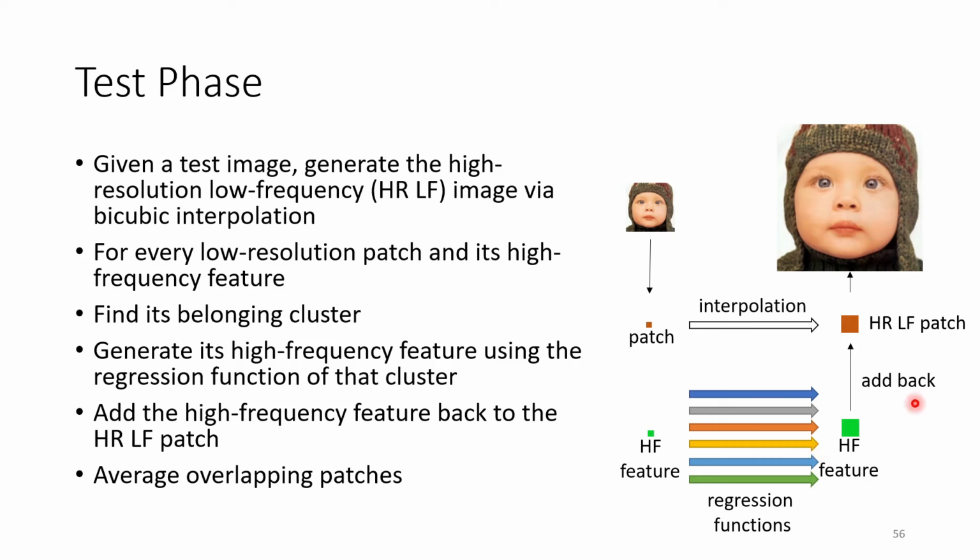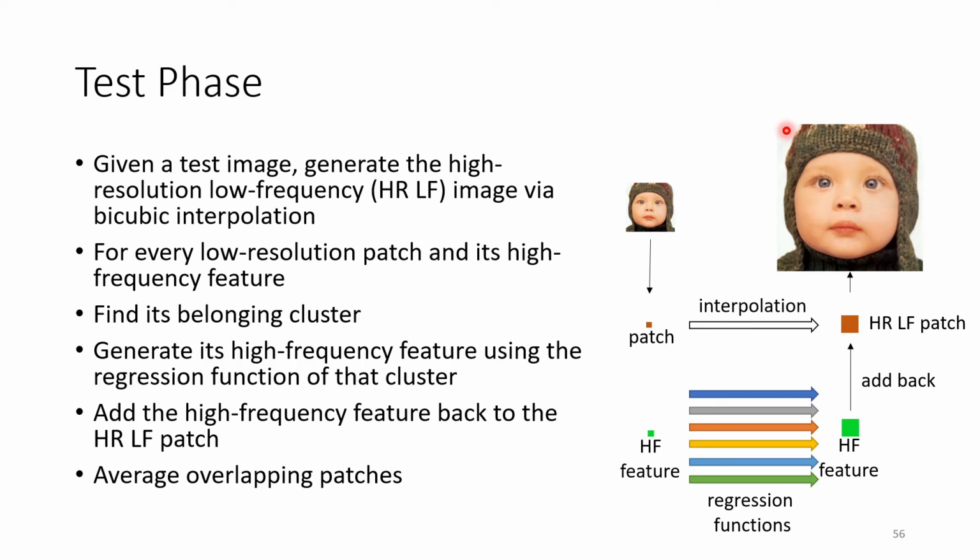Then I add the high frequency features back to the cubic interpolated high resolution patch, so I have a high resolution patch with high frequency signal. Then just sum them up. For the overlapping regions, take the average. I can create the high frequency image.